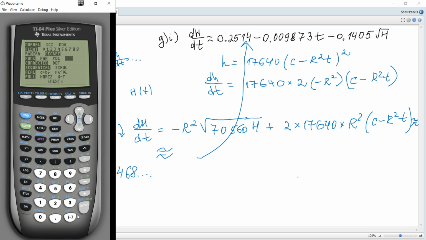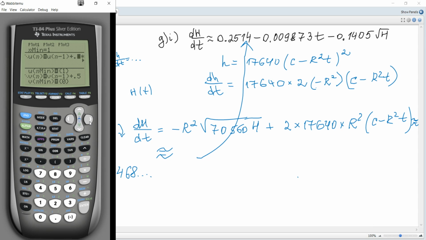mode, this one. Then y function, and let u be h, and using Euler's formula, for the calculator un is the next value, and u of n minus 1 is the current value. So the next value of h is the current one, so you should write u of n minus 1 plus step.